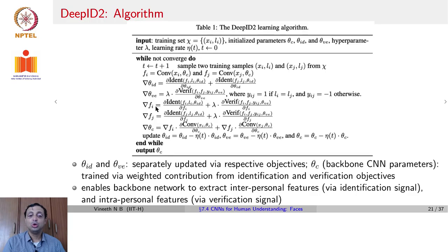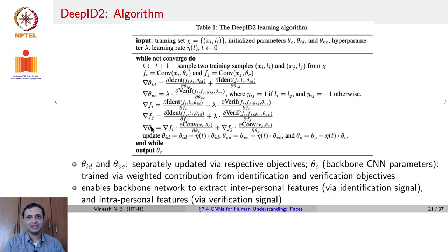Then similarly, ∂L/∂Fi and ∂L/∂Fj are given by, remember, Fi and Fj are the gradients with respect to the embeddings Fi and Fj, which are outputs of the CNN, given by ∂identification plus ∂verification for Fi, and ∂Fj is similarly for Fj.